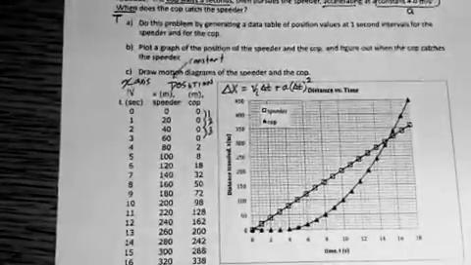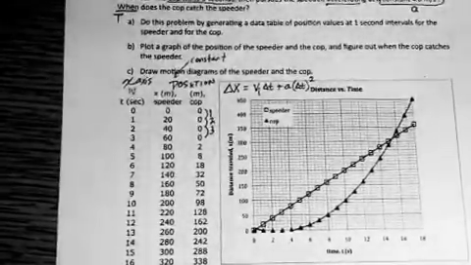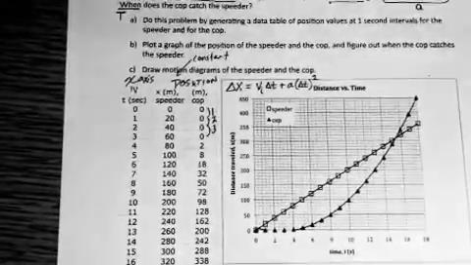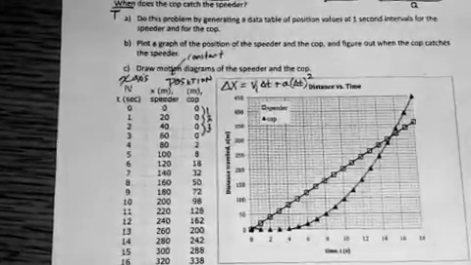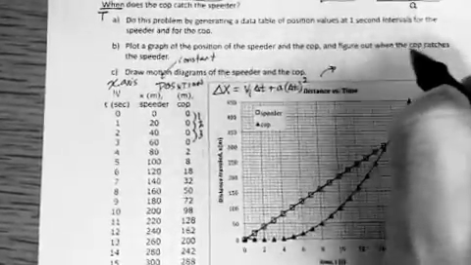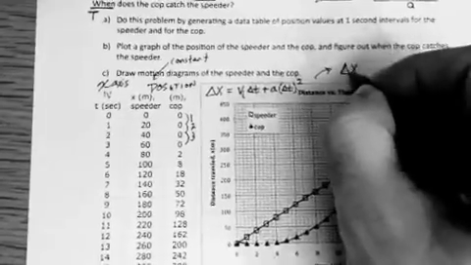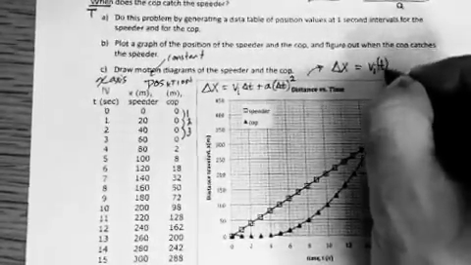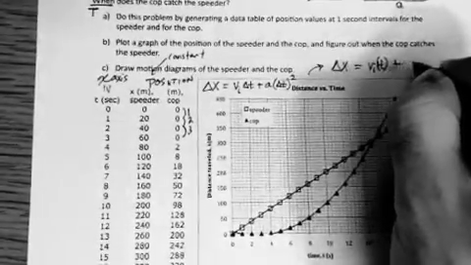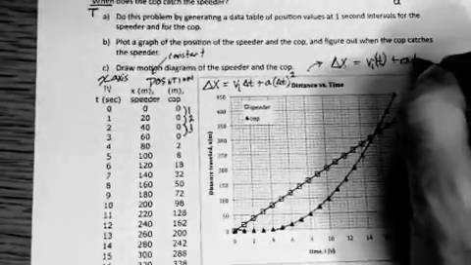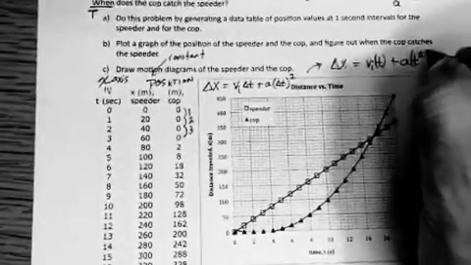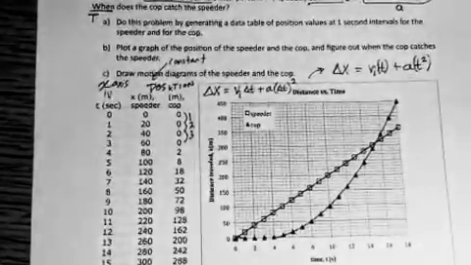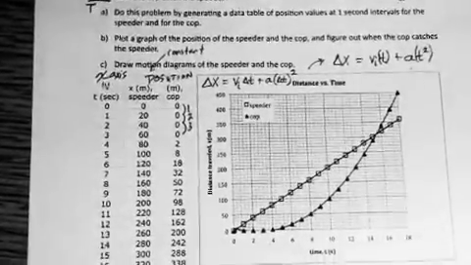Remember that delta t is usually just the total amount of time, because the initial time is usually 0. So you can usually treat that as the final time. Another way to write that expression is that the position is equal to velocity initial times time, plus the acceleration times time squared. So you do need to make sure you square that time value. That's how they generate each of those position values.